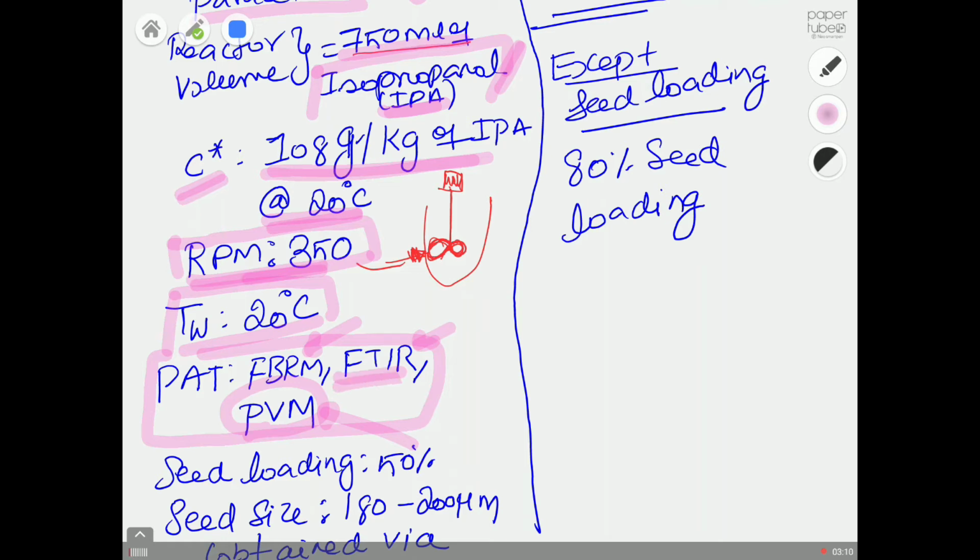FTIR is to monitor the concentration. And we used FBRM to track the particle counts plus the particle size. So it's for dual purpose. It will give information about the number of particles, and also the size fractions, the number of particles under each size fraction.